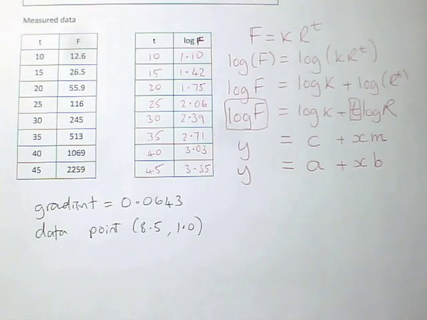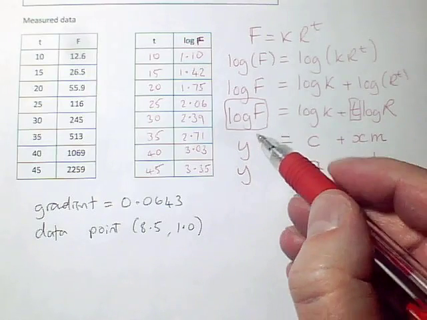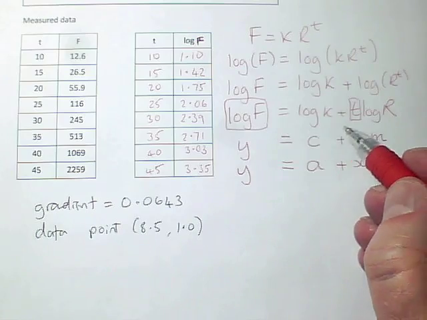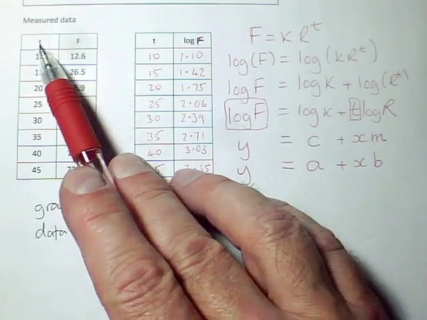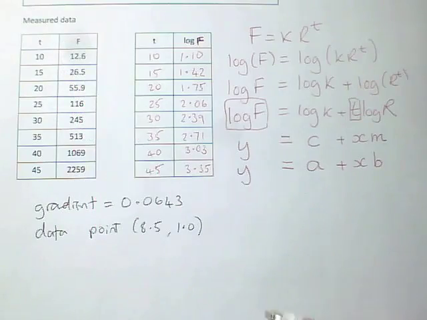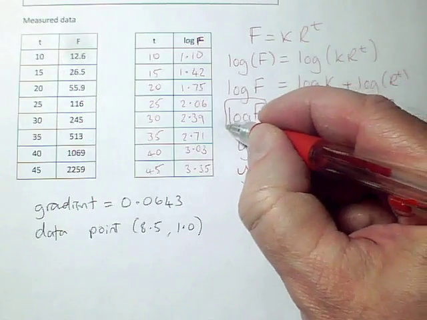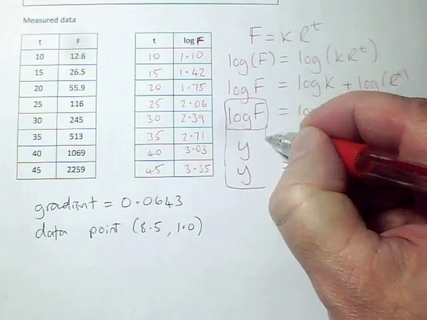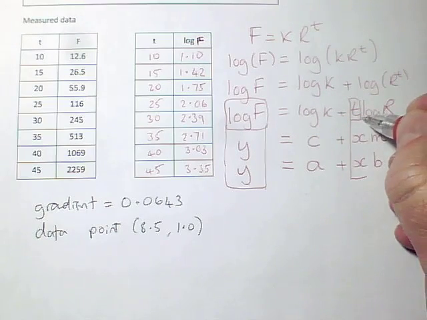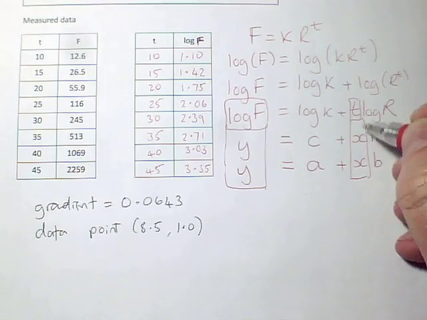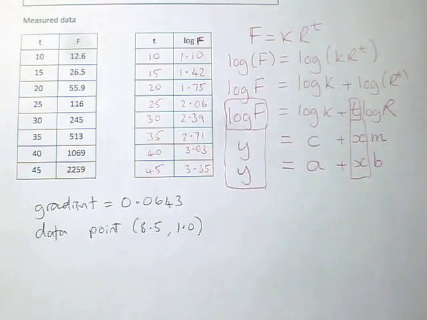So now I have to go back and do my matching up with the equations. So log f and t are boxed because they are the parts of the equation based on my original variables t and f. Okay, so my log f was the y value that I plotted, and the t value, the variable there on the x-axis, I had x, so x and t are the same thing. Okay, so I can match up the other things.